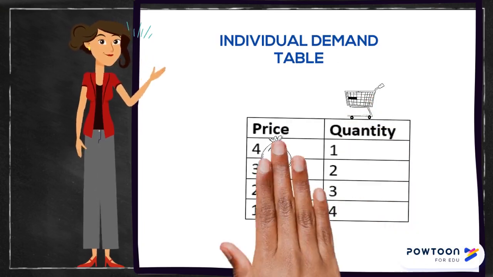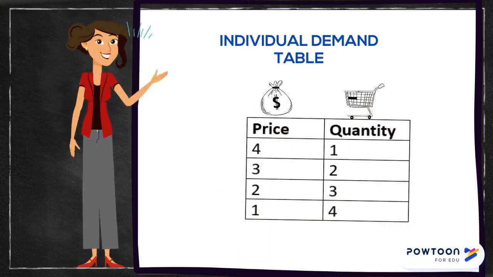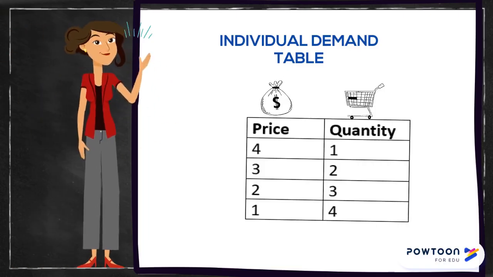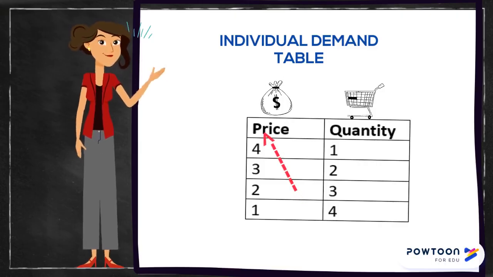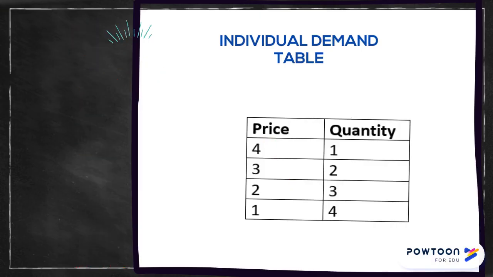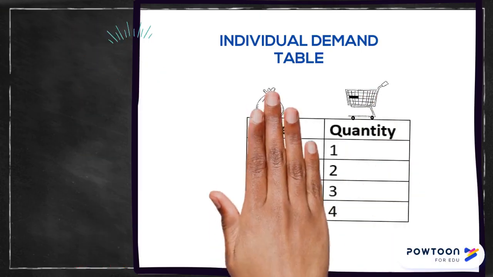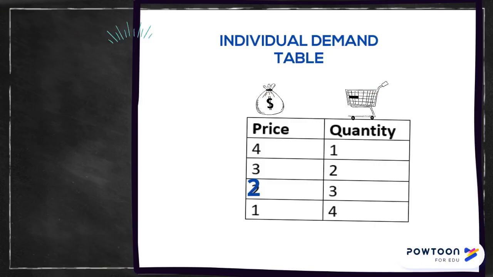This is the individual demand table. This table contains price and quantity. The left-hand side is the price of a particular quantity. At the price of 2 naira, the quantity demanded is 3. And at the price of 1 naira, the quantity demanded is 4.